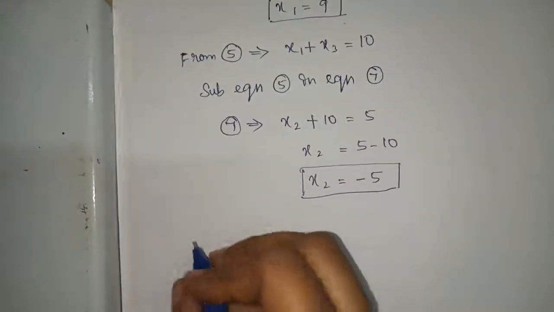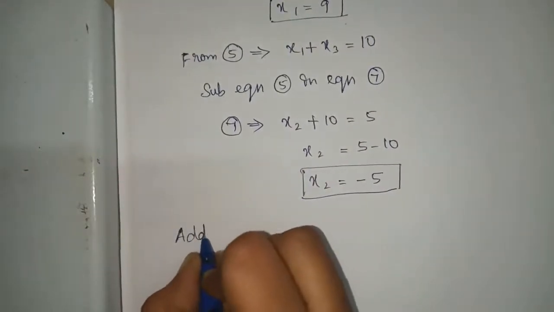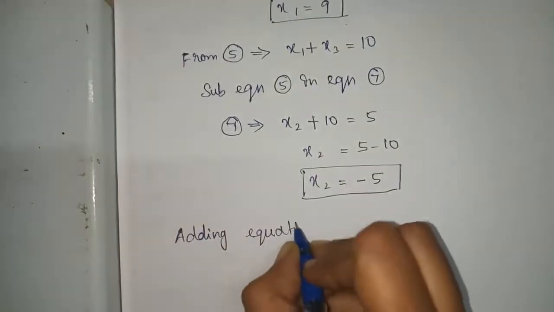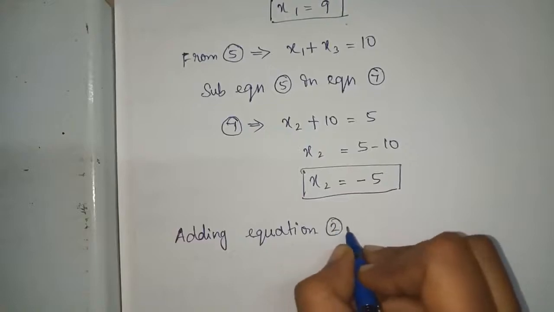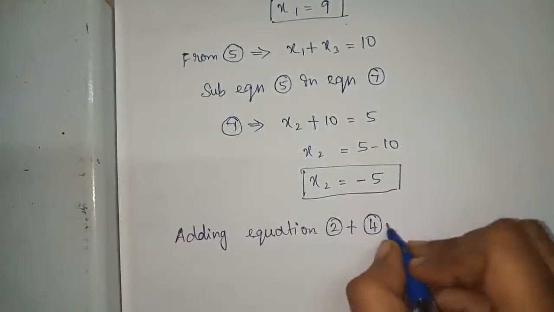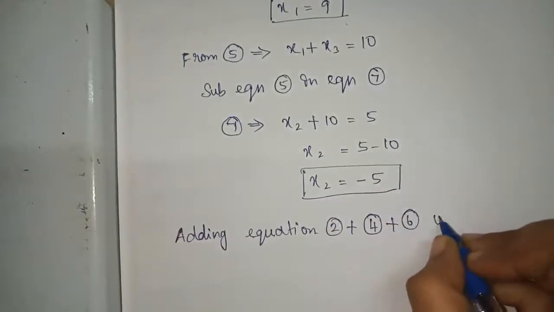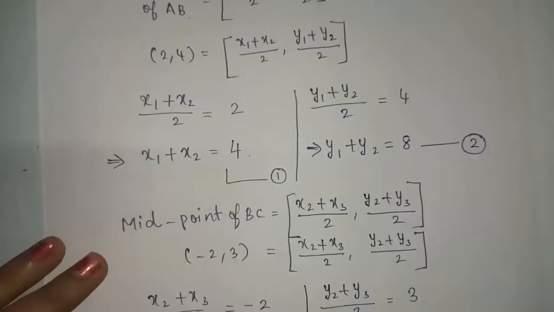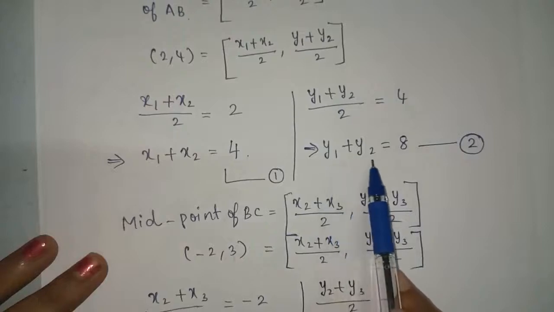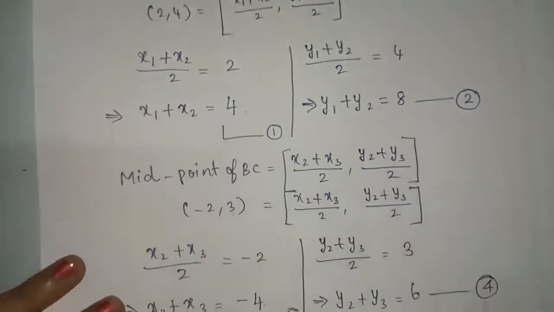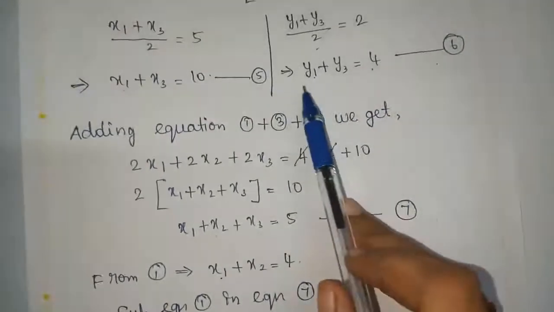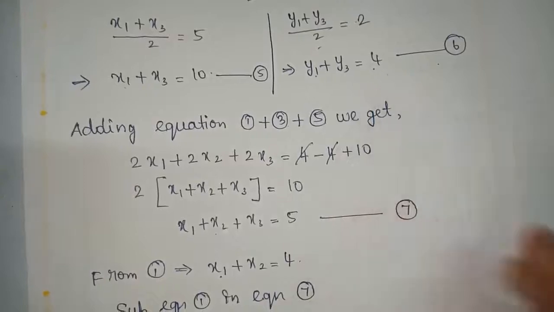Then the next step is you have to add equation 2 plus equation 4 plus equation 6. This is equation number 2: y1 plus y2 is equal to 8. And equation 4 is y2 plus y3 is equal to 6. And equation 6 is y1 plus y3 is equal to 4.